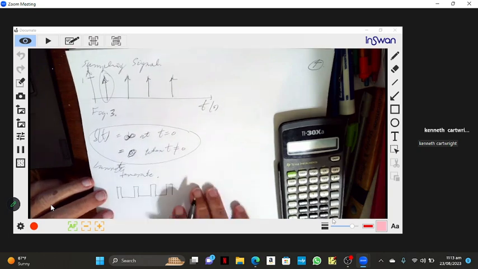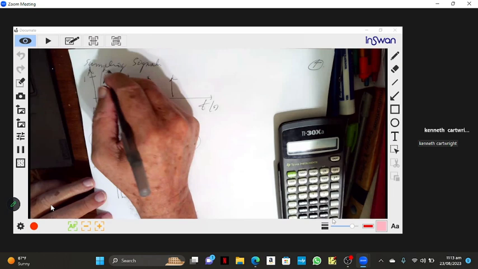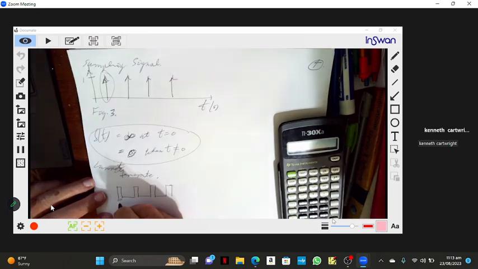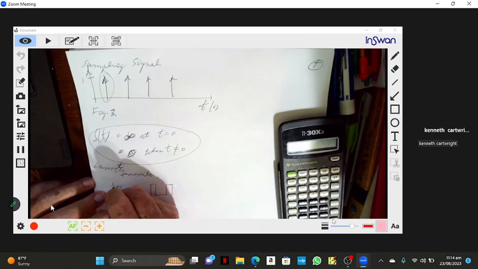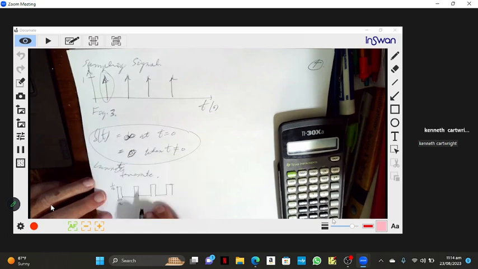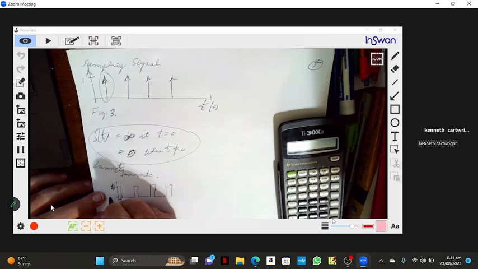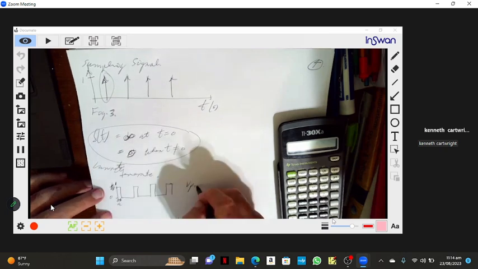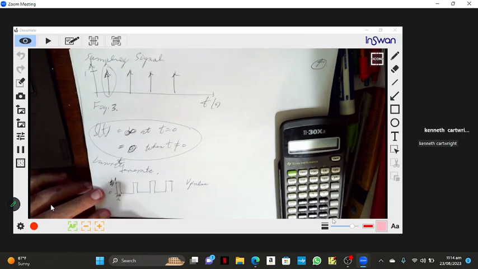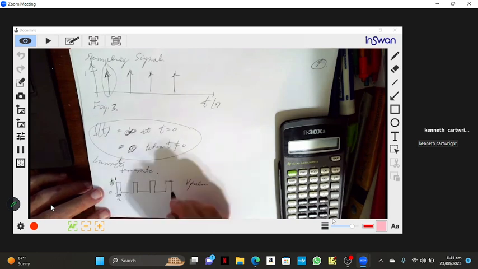To approximate this exactly, if this width is a, then this height will be 1 over a, so that the area would be 1. But that's not what we're going to do today. We can make this amplitude 1. This amplitude is 0, and we're going to use a V pulse to approximate this.